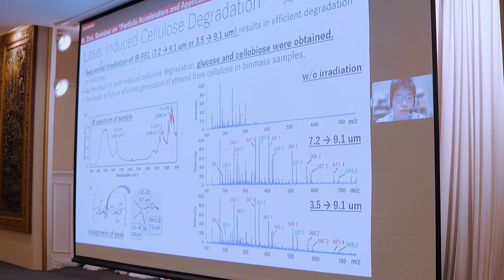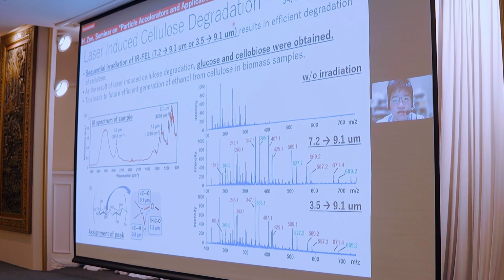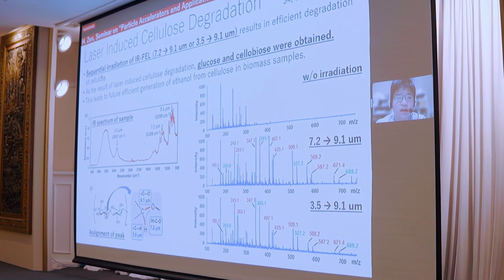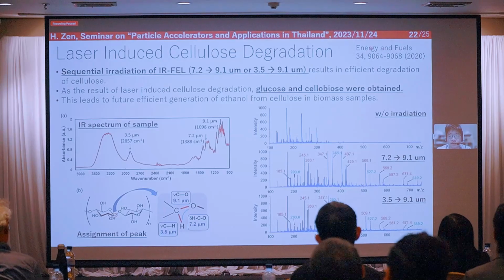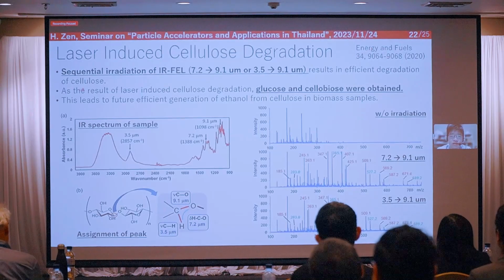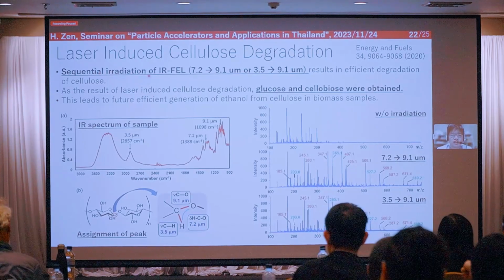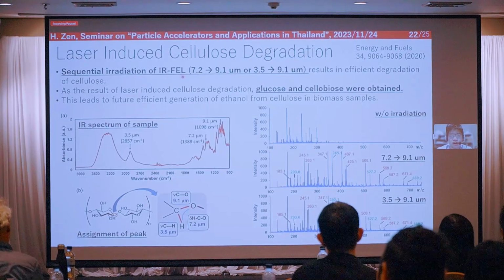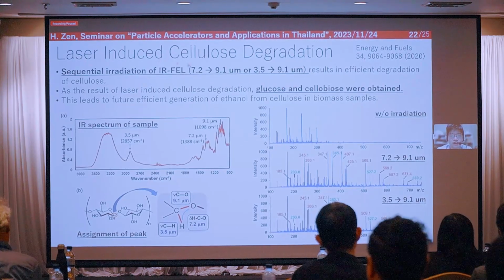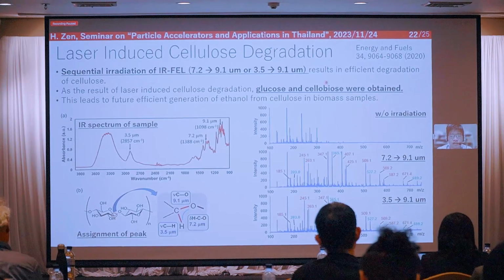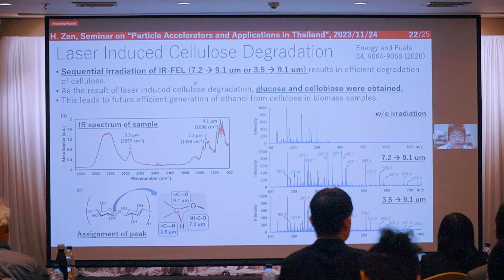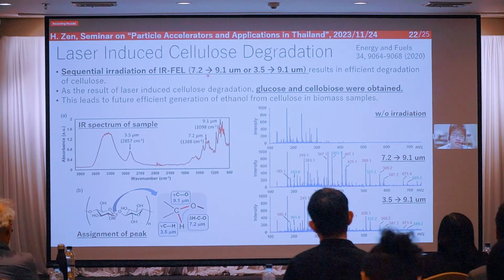And I move to the laser-induced cellulose degradation. This was published in 2020 in Energy and Fuels, where the user performed sequential irradiation of infrared FEL to the cellulose, and found an efficient way to degrade cellulose. One condition is to irradiate 7.2 micrometer, and afterward irradiate 9.1 micrometer.